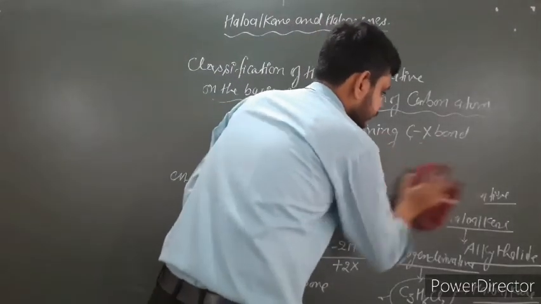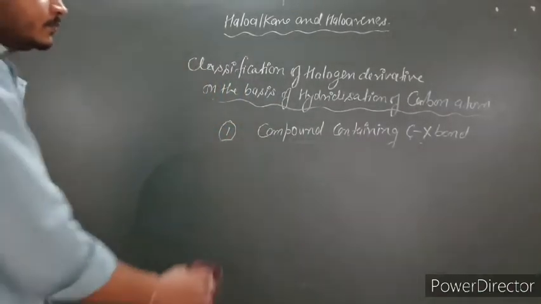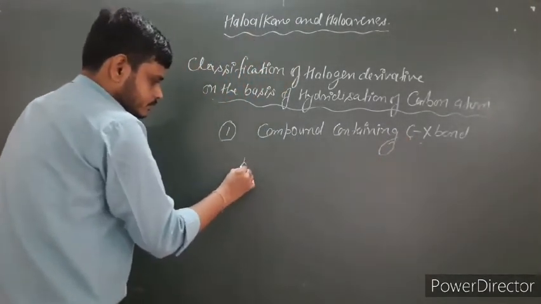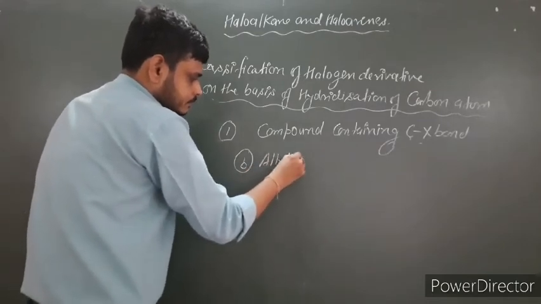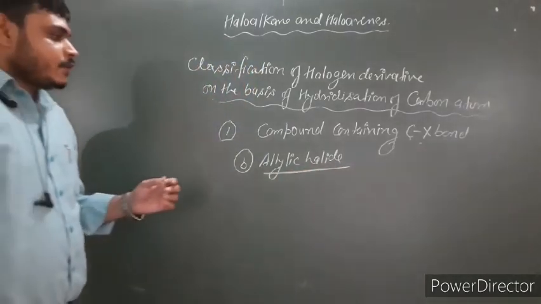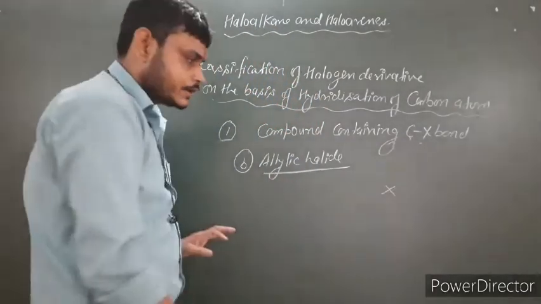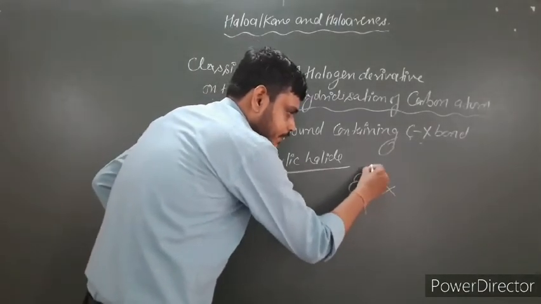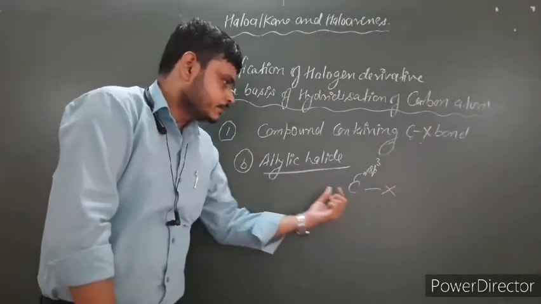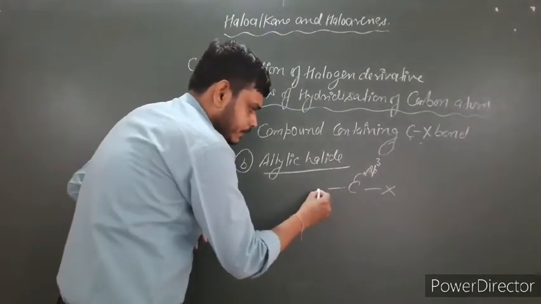Second is allylic halide. In this type of halide, the halogen atom is directly attached with the sp3 hybridized carbon atom next to a carbon-carbon double bond.